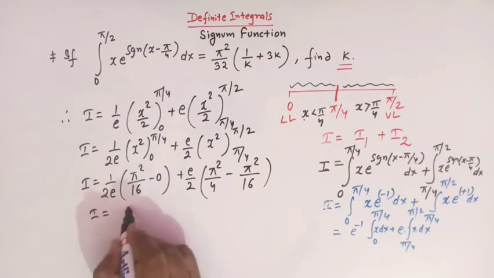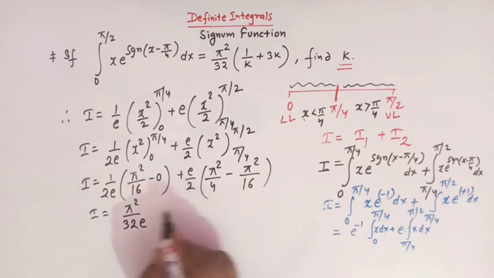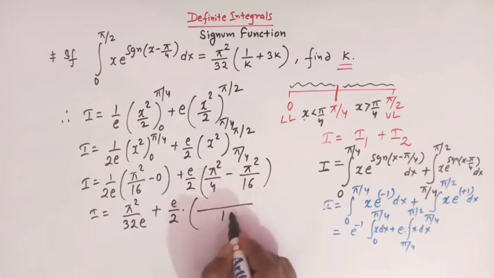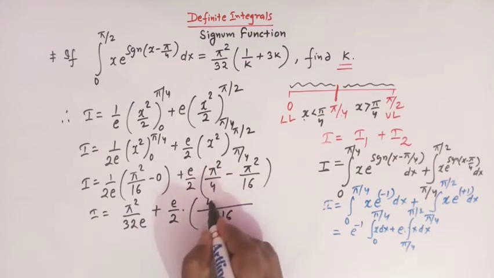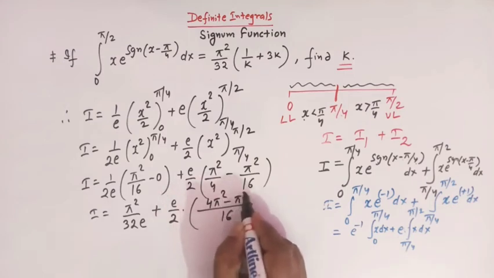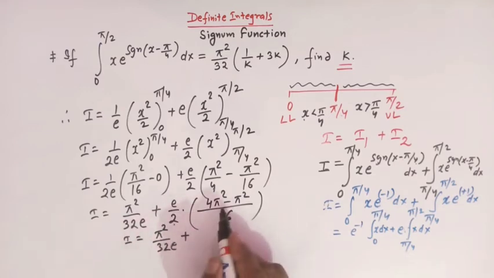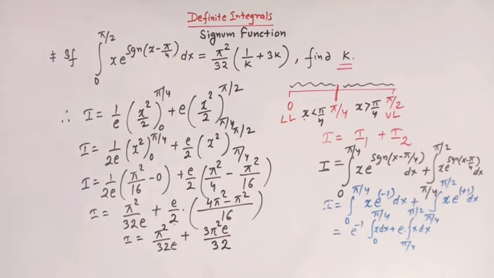So now I is π²/(32e) plus e/2 times, with 4 and 16 the LCM is 16, so 4π² minus π², which is 3π², so we have 3π²e/32, right?